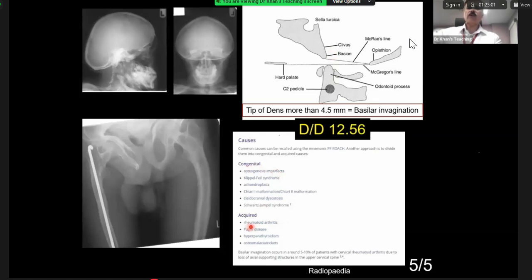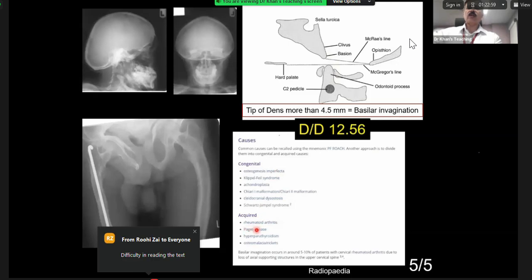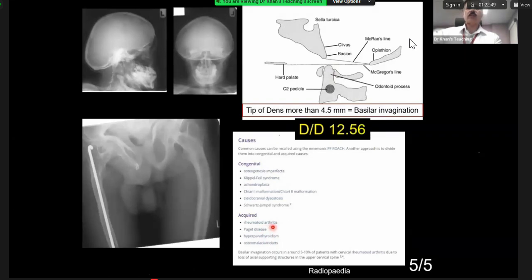This will also happen in conditions like Paget's disease, hyperparathyroidism, osteomalacia, rickets. In rheumatoid arthritis, it happens because of subluxation at the atlanto-occipital joint, which I will show you when we reach rheumatoid arthritis.